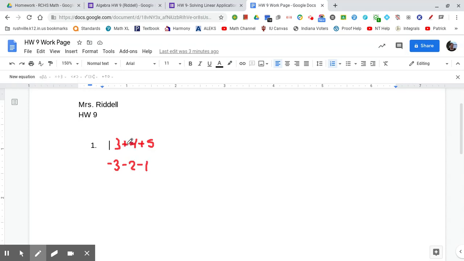But we can use this to help us get an idea for how we can write an equation. Notice that I just came up with what our first number was going to be. It was an unknown value that I just chose. So I'm going to let x represent that first integer. Then we went from 3 to 4. How do we go from 3 to 4? We took that previous number, which was x, and we added 1 to it.